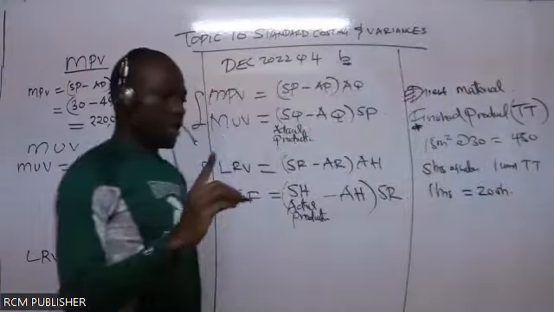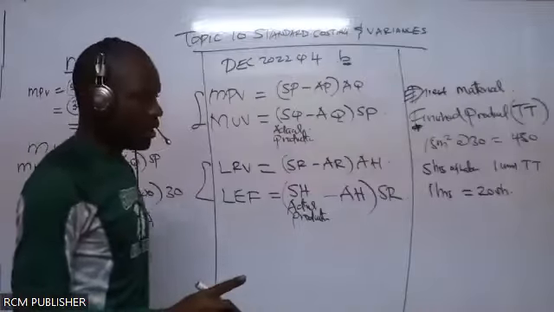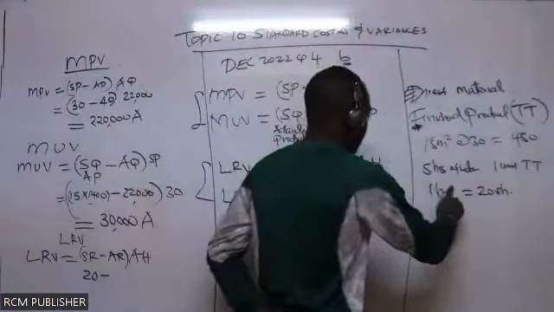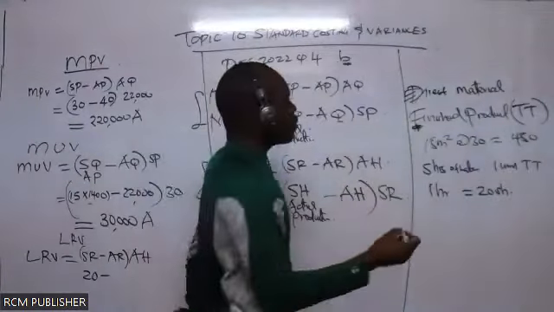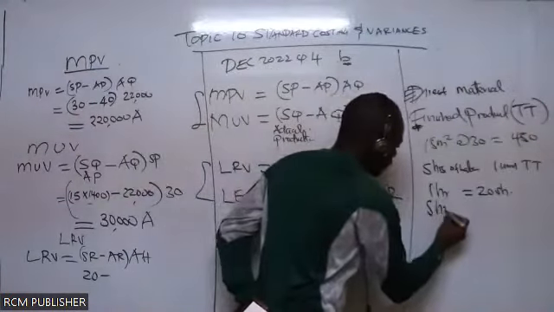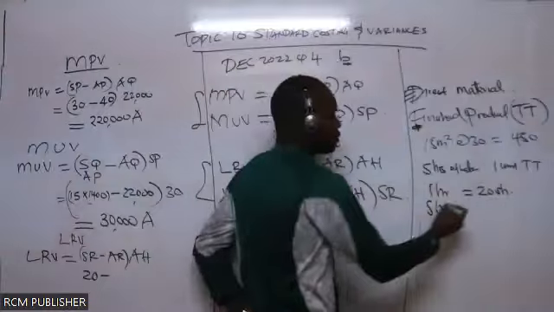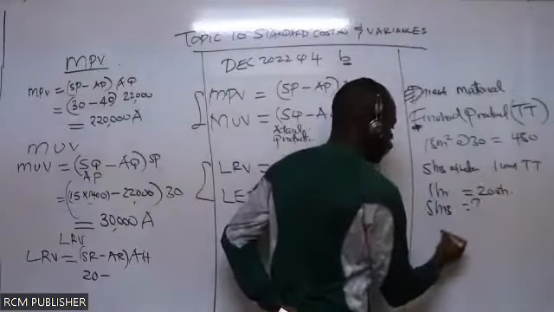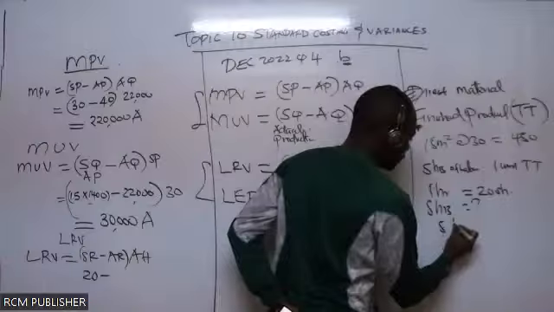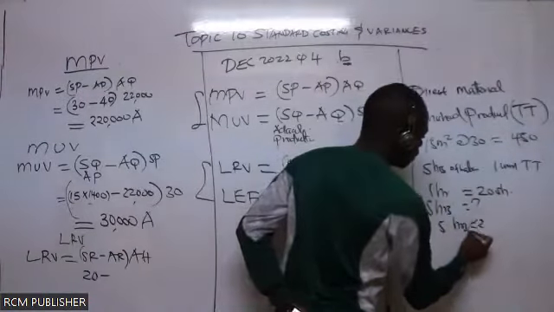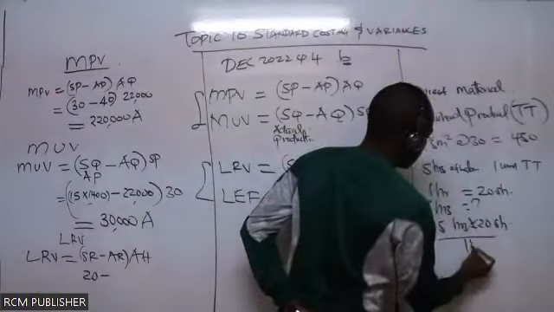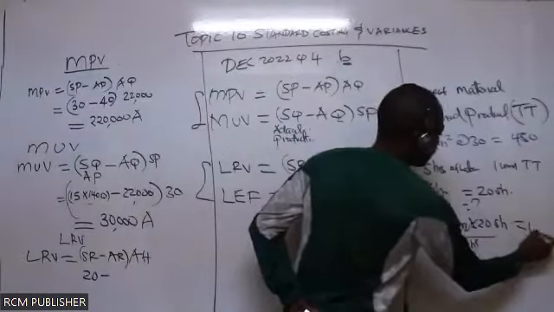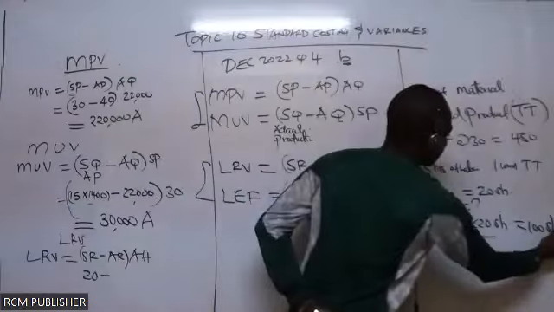They are going to charge us 20 shillings. 1 hour is equivalent to 20 shillings. But for us to produce a complete unit of TT, we need 5 hours. So it means the amount we are going to spend to produce 1 unit of TT is equivalent to how many shillings? 100 shillings.